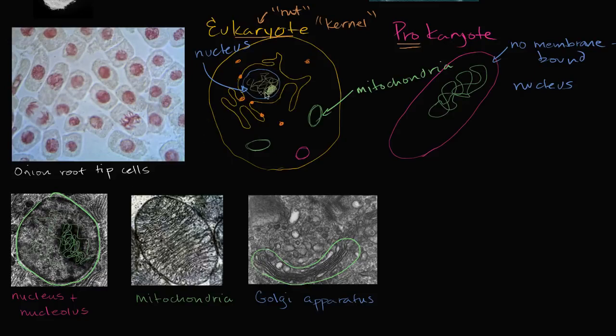So this is all the DNA in chromatin form, but this part that looks extra dense or dark in this micrograph right over there, we call that the nucleolus. And we now know that this is where ribosomal RNA is being produced.